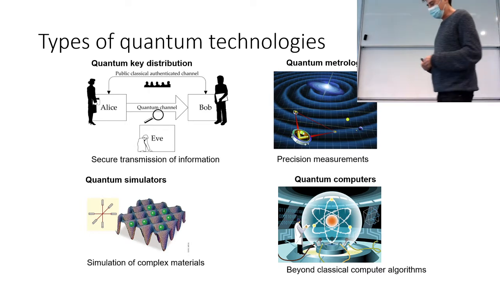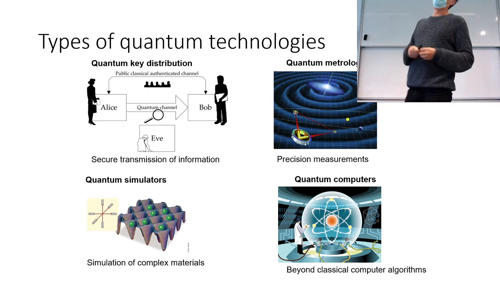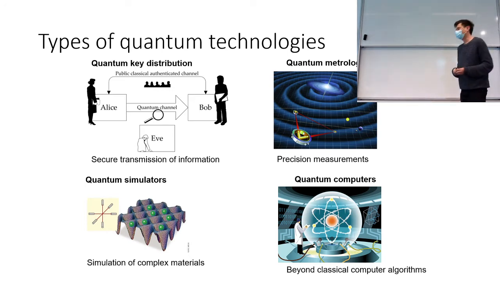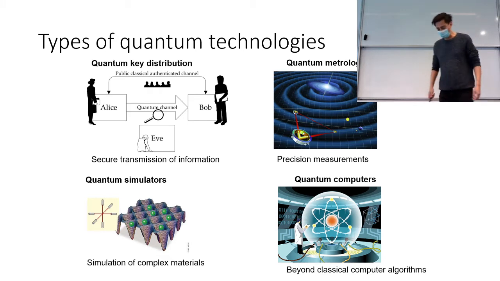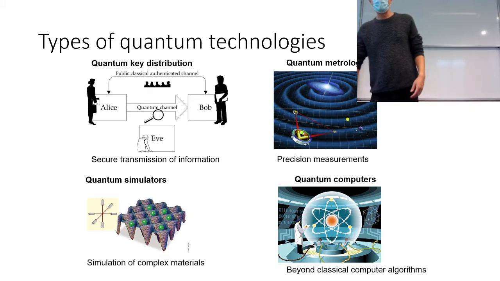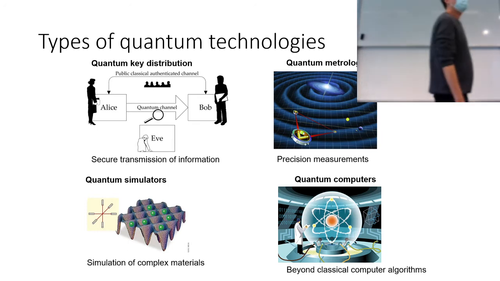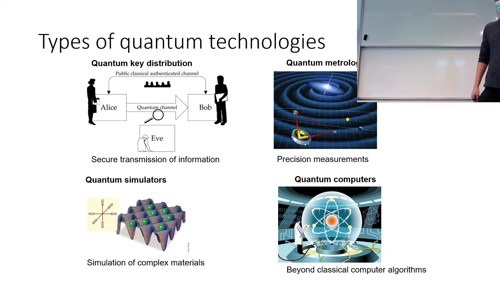Yeah, so I think we have to talk about that towards the end of the course. I'll make sure we include that. But roughly speaking, it's to do with how measurements are made in quantum mechanics.